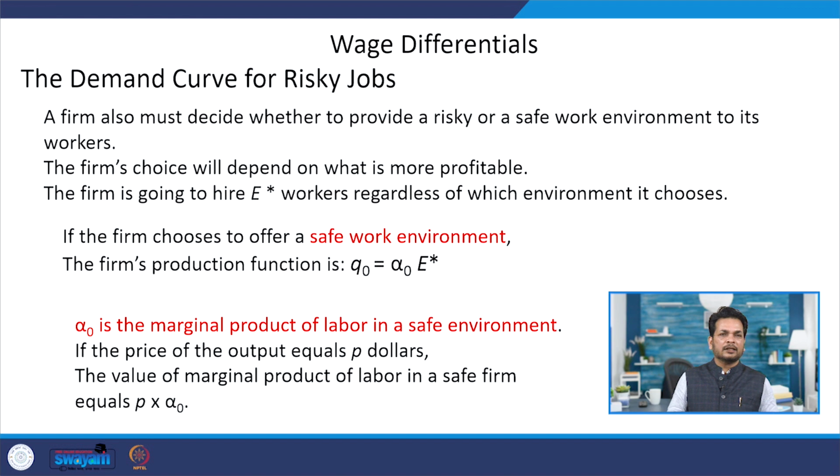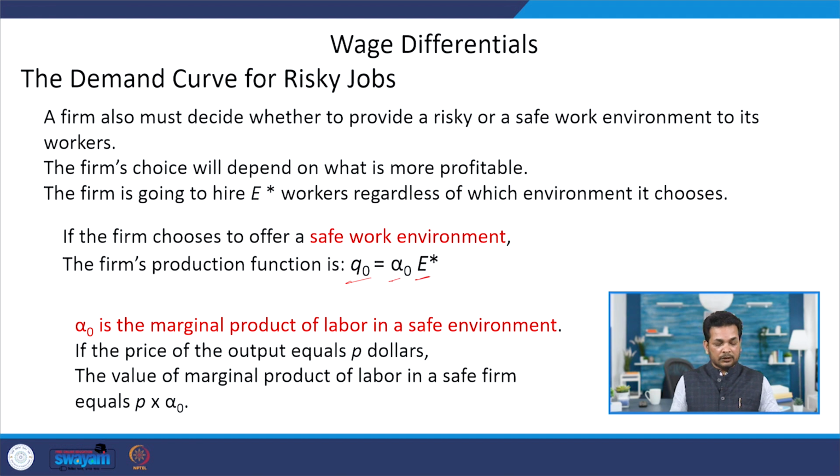Let us assume that the firm is going to hire, let us say, E star amount of workers. Regardless of which environment it chooses, the firm fixes that it has to hire E star workers. Now, if the firm chooses to offer a safe environment, then the firm's production function is Q0 equals alpha 0 into E star.